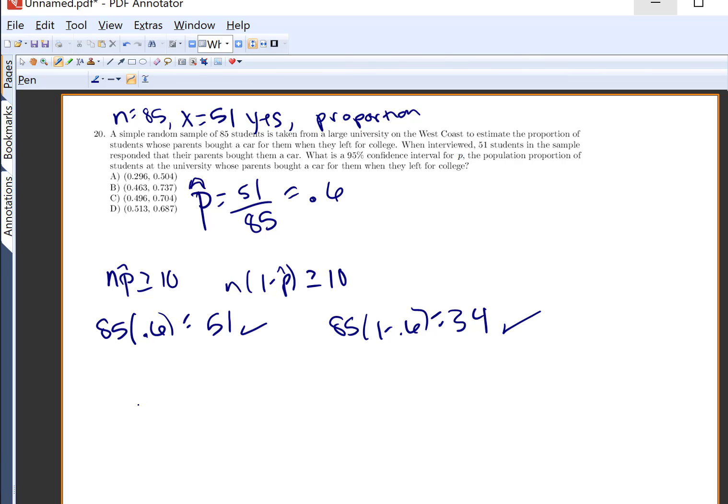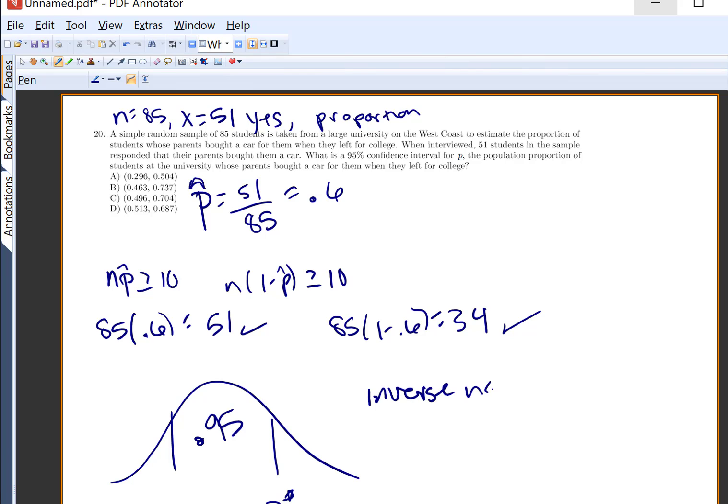To find our confidence interval, you will need to know z star. We want a 95% confidence interval, so we want 0.95 in the middle, and we want to find z star. This is a z confidence interval, so you're going to use the inverse normal function on your calculator, and you want 0.95 in the middle.